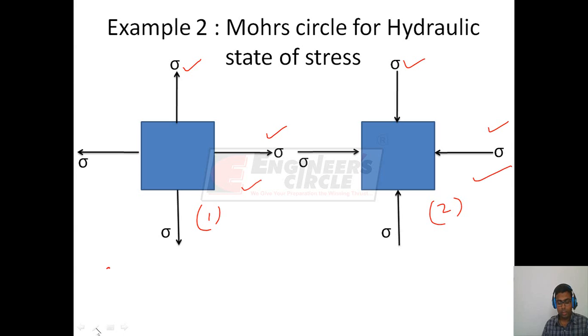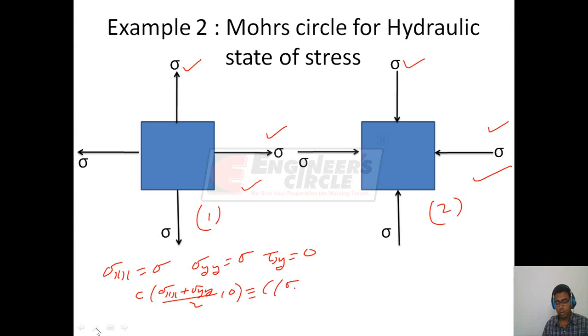So for case 1, sigma xx is sigma and sigma yy is also sigma and tau xy is 0. So therefore we get the center of Mohr's circle as (sigma xx plus sigma yy)/2, 0, equal to sigma, 0, and the radius of Mohr's circle r is given by the square root of ((sigma xx minus sigma yy)/2) whole squared plus tau xy squared.